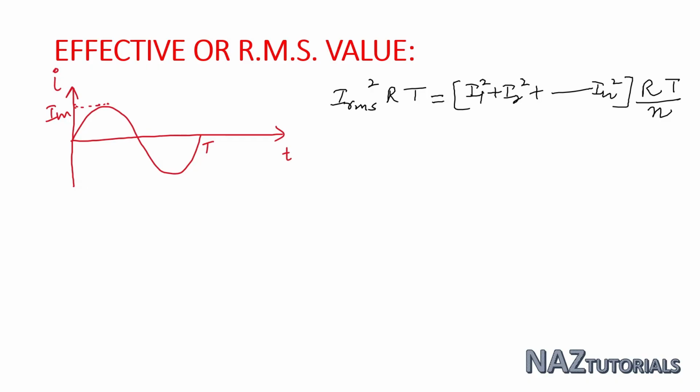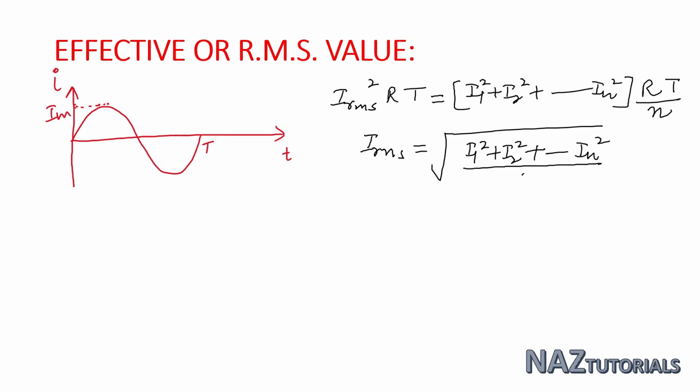So these two heats must be equal. So this RMS value we can calculate. It is the square root of I1 square plus I2 square up to In square divided by n.